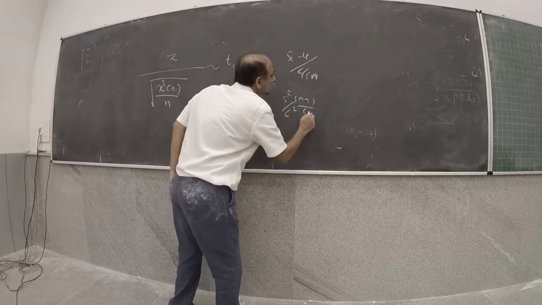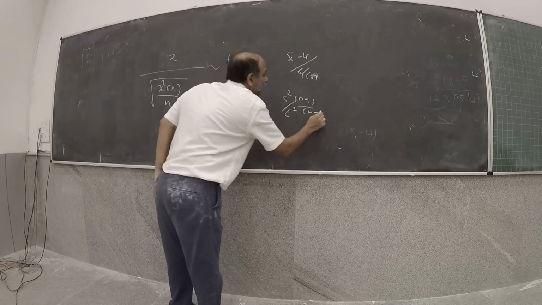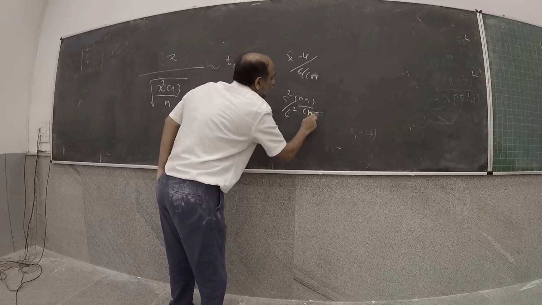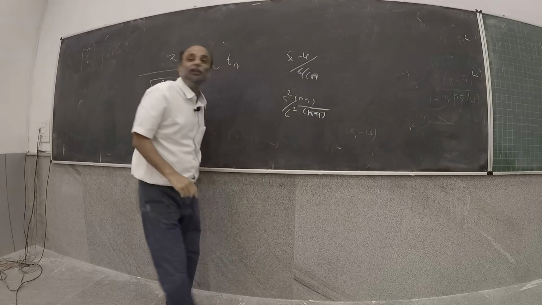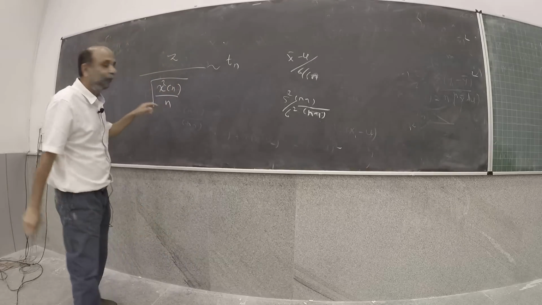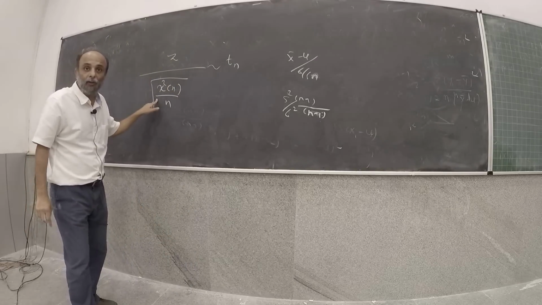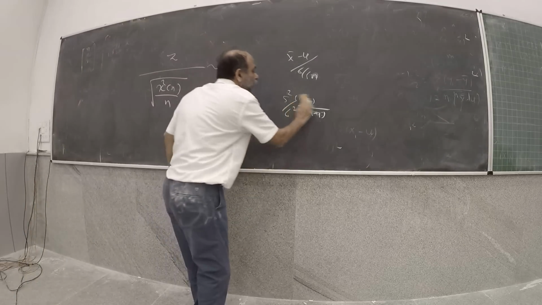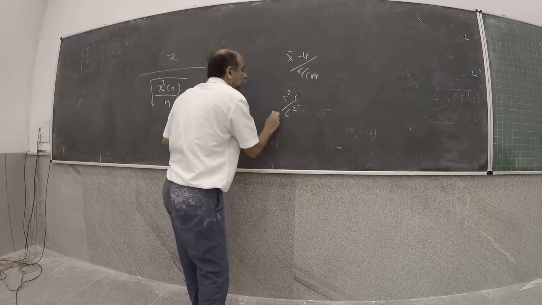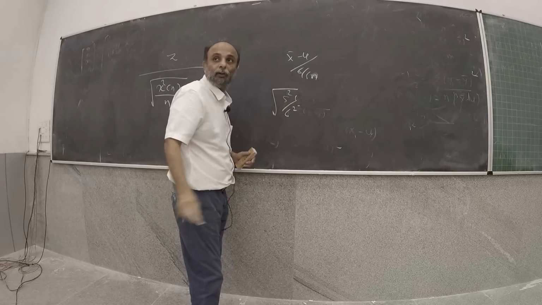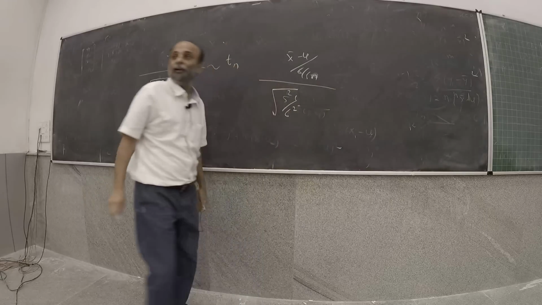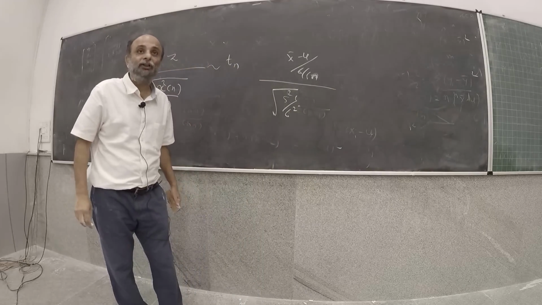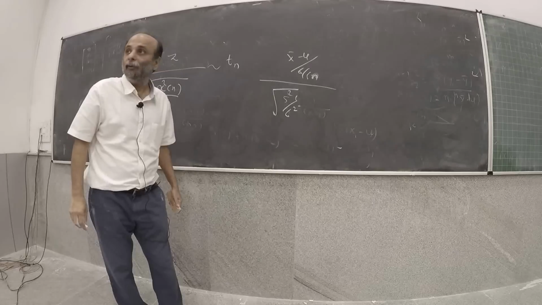So if you divide this by n minus 1, you have a chi-square divided by its own degrees of freedom, as you have here. So this will go, take the square root and divide. You must have the student's t distribution.